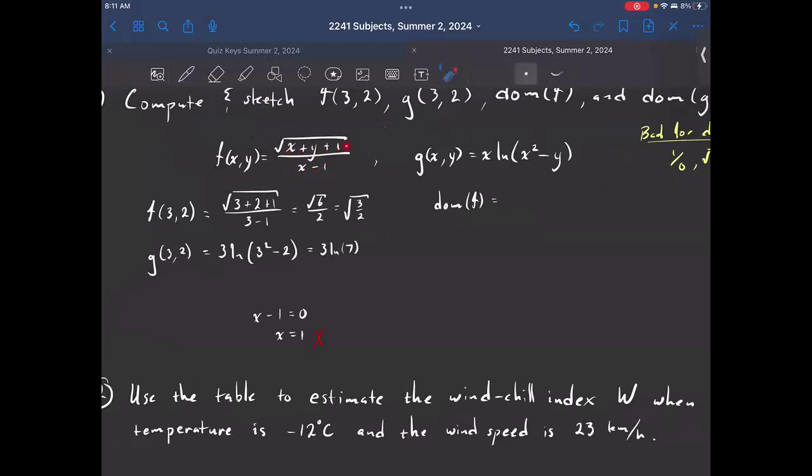What else do I have? Well, I've got this square root here, and I want this to be non-negative. So this has to be positive in order for my function to exist. All right, so that means that I want x plus y plus 1 to be, or not positive, non-negative, because it can also be 0.